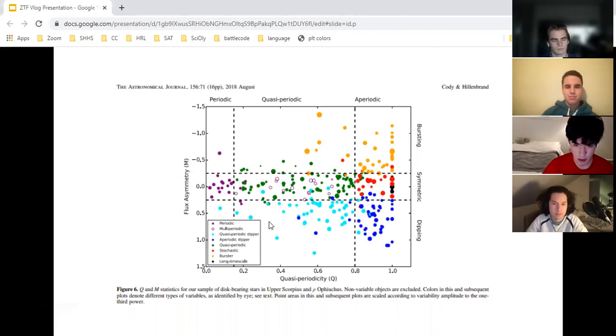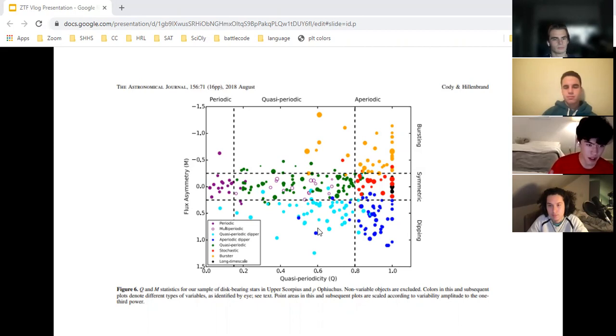And then here, following up with the paper we mentioned earlier, Cody and Hillenbrand 2018, we have a plot that somewhat inspired us later on. We'll see another version of this plot. What's important about this one is that Q has cutoffs for periodic, quasi-periodic, and aperiodic, roughly 0.15 and 0.8 to separate these categories.